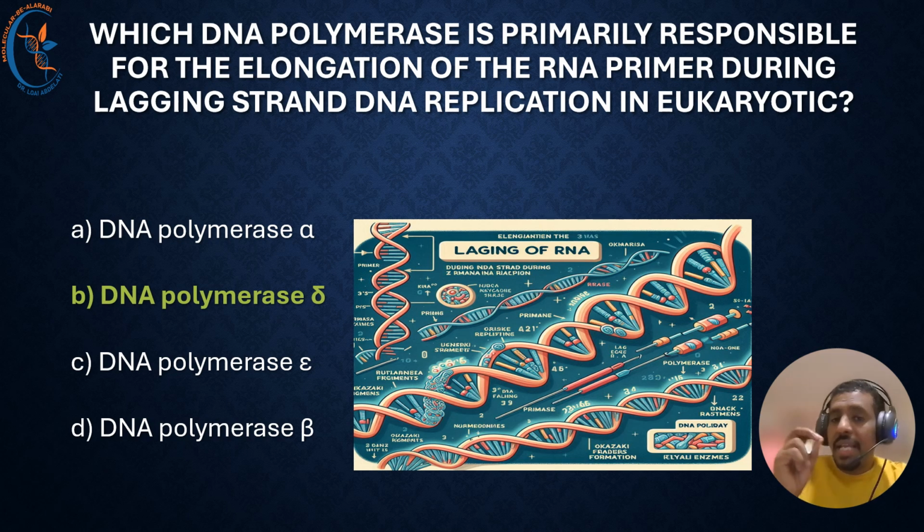Then DNA polymerase delta adds nucleotides complementary to the template strand and continues this elongation until it encounters another RNA primer or a previously synthesized Okazaki fragment. Okay? So the correct answer is DNA polymerase delta.